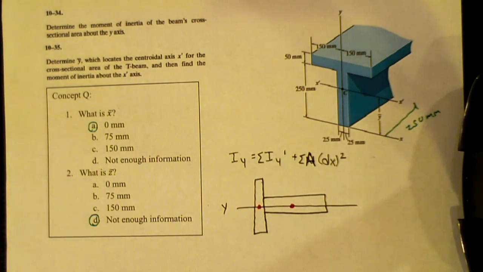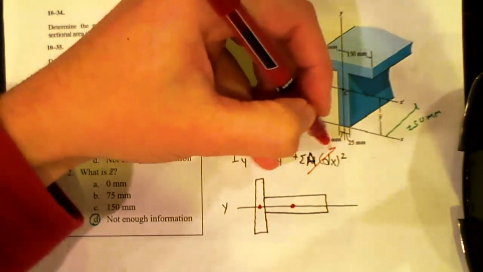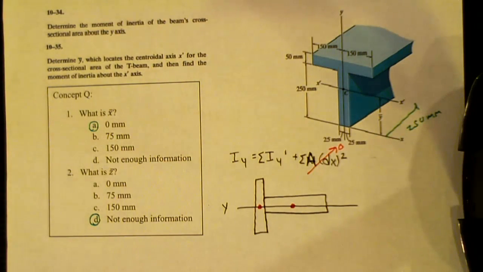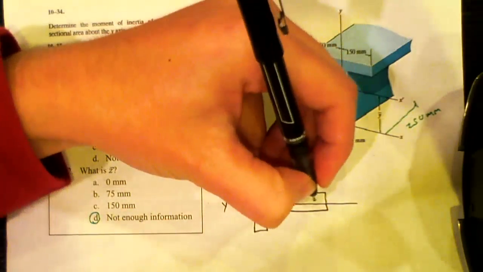Do either of these have an x distance away from the y-axis? No. So do I need the parallel axis theorem for this one? No, because the axis we're looking for goes through the centroids of both, so we can just use the basic equations. I'm going to call this figure 1, and that's figure 2.